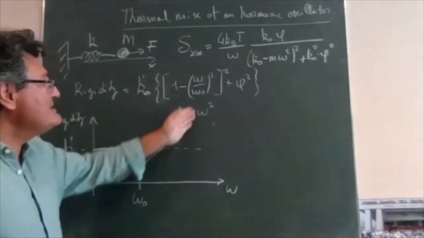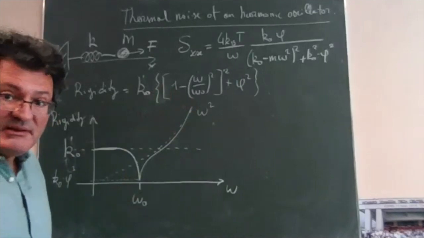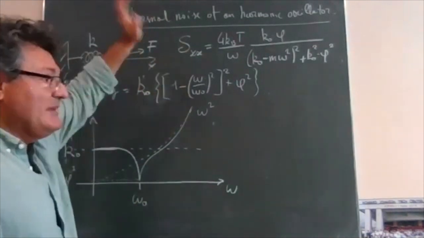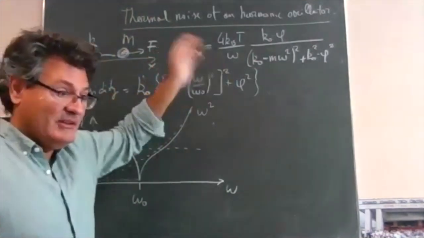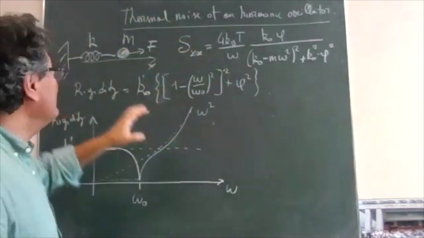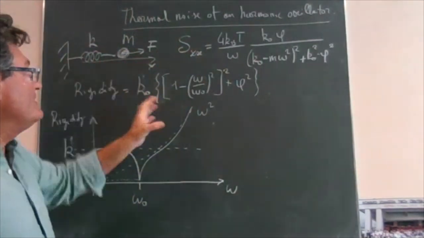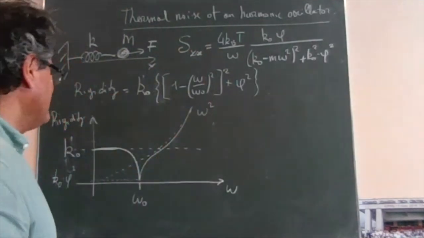And then at high frequency, the thermal noise is becoming less and less evident because the rigidity increases up to infinity. The reason why the rigidity increases so much is the effect of inertia: the system doesn't want to move when the frequency of the force is really high.